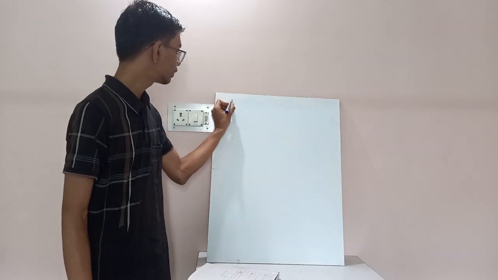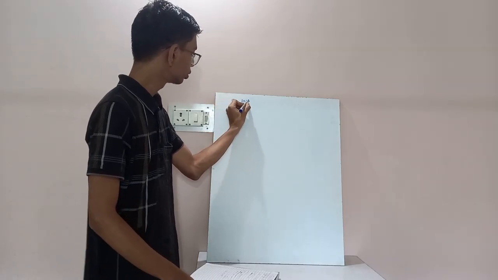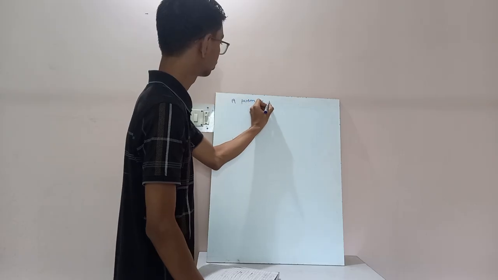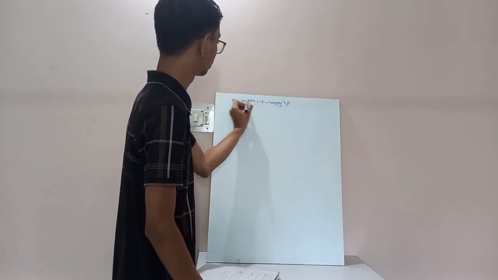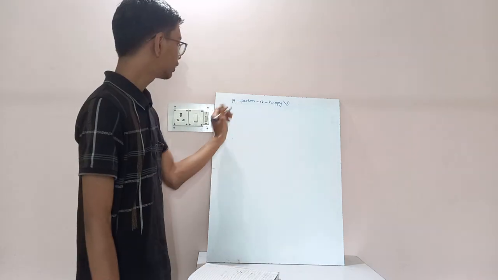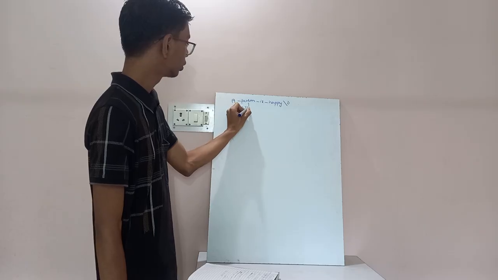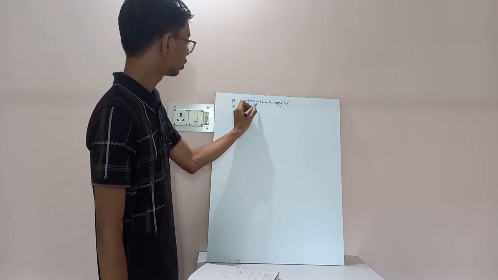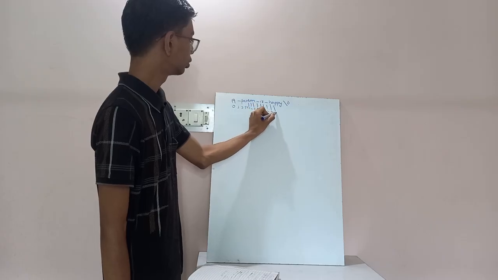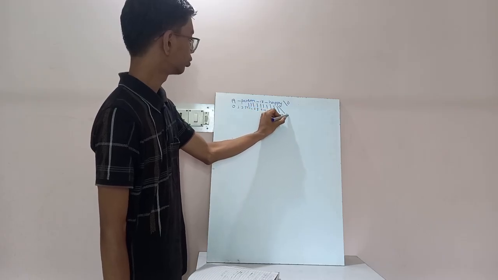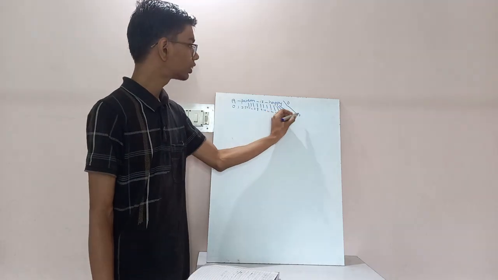Suppose I take a sentence. This is my string and it starts from 0, 1, 2, 3, 4, and this string goes up to 17.